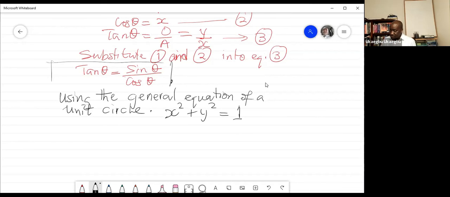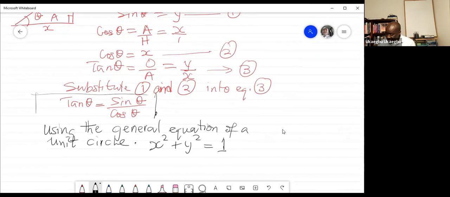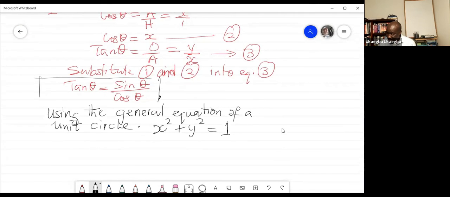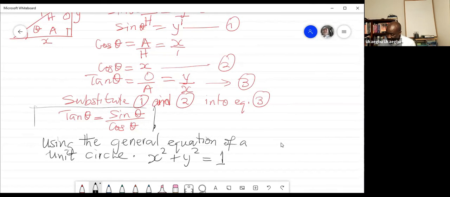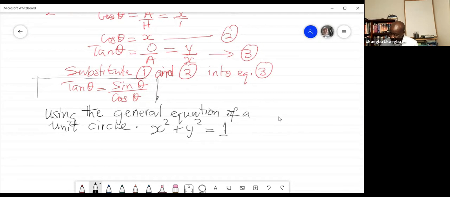All right, so we can see from equations 1 and 2 that x is cos theta and y is sine theta. So you can just make the substitution right there. So this is cos theta whole squared plus sine theta whole squared equal to 1.